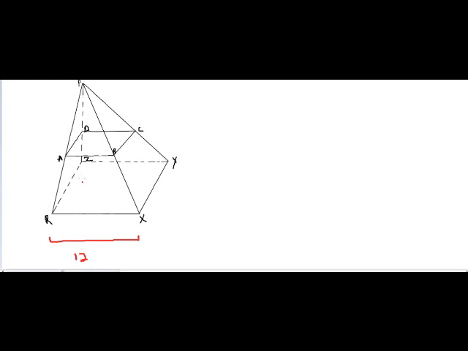So AB is half of RX, so AB is 6. And we also know A is the midpoint of PR, and because PR is 10, half of 10 is 5. So now we can draw another little line for slant height down, and it will again be a perpendicular bisector. So because it's a perpendicular bisector, the measure of this line right here is just going to be 3. And then using the Pythagorean theorem, we can figure out that this slant height is 4.